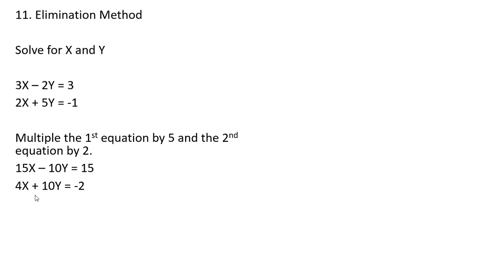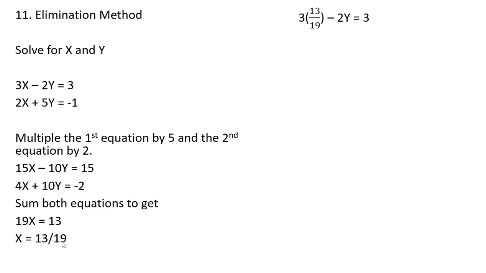All right, so adding these up now, we get 19x. Adding up the y terms, they cancel. 15 plus a negative 2 is 13, and we get x equals 13 divided by 19. Plugging that 13 divided by 19 into any of these equations, I pick the first one.